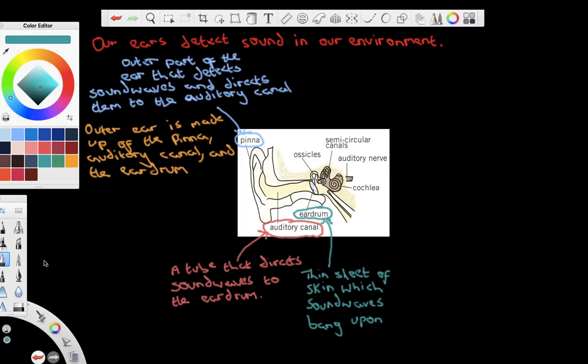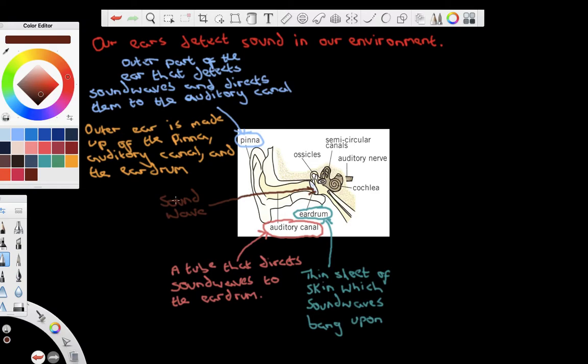So when we hear a sound, the sound waves are picked up by our pinna, go down our auditory canal, and they bang on our eardrum. So that's our sound wave.